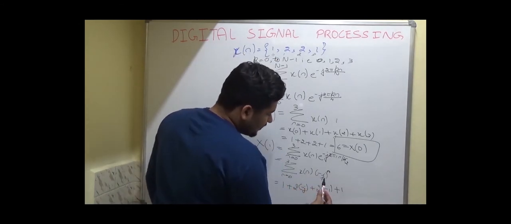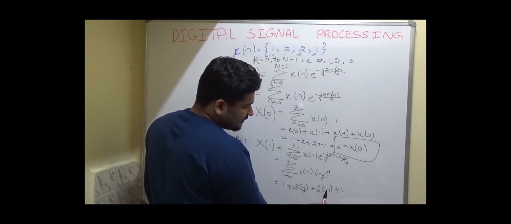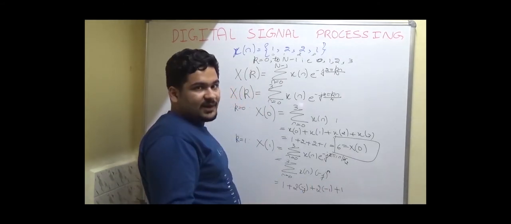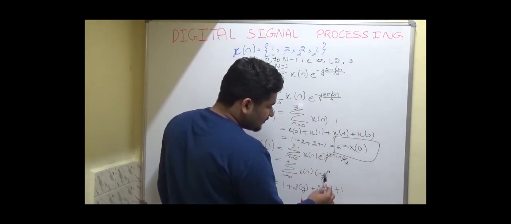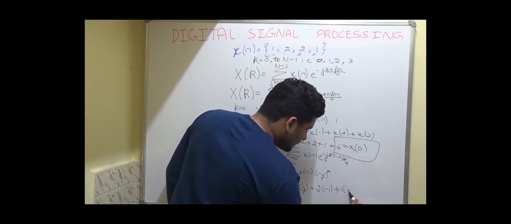Then when I multiply minus j to this, when this is j square, if I multiply minus j to it, it becomes minus j cube. So therefore minus 1 multiplied by j, minus 1 multiplied by minus j is plus j.